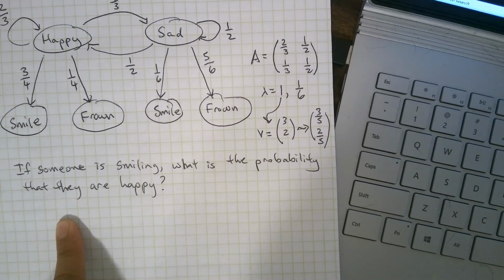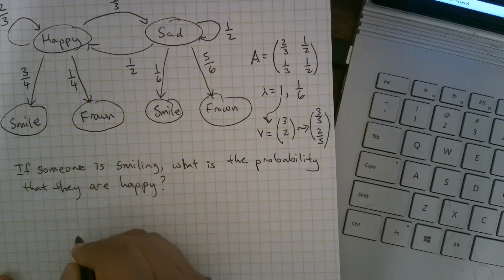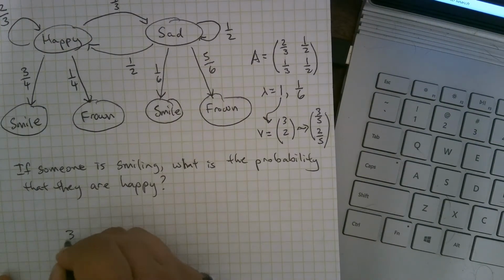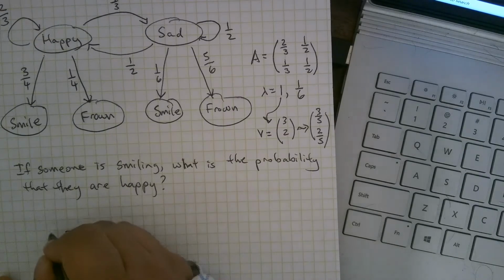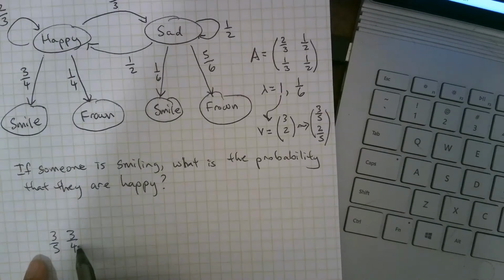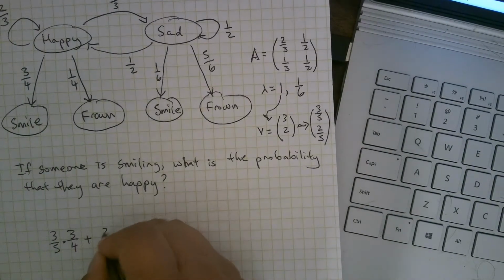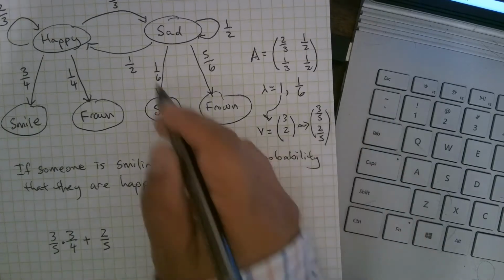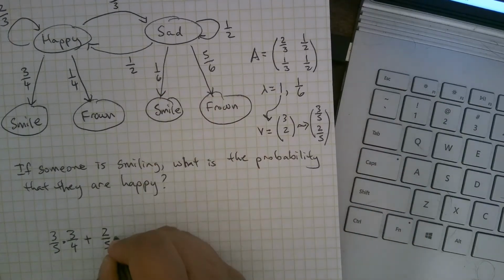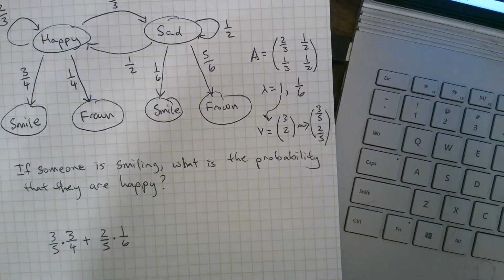Okay, so what is the total amount of time that they're smiling, or total fraction of time? Well, they're happy with probability 3/5, and when they're happy, they're smiling with probability 3/4. And they're sad with probability 2/5, and when they're sad, they're smiling with probability 1/6. That's the total fraction of time they're smiling.